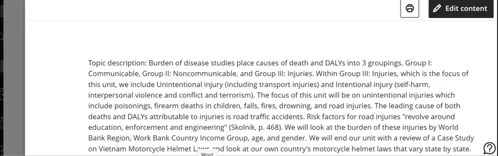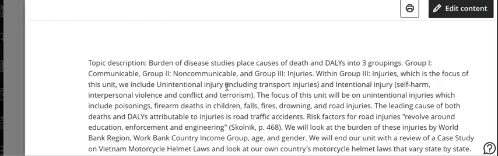So for the focus of this unit, because that's a lot of information to cover, isn't it? So for this unit, we're really looking at the unintentional injuries, which include poisonings, firearm deaths, especially in children, falls, fires, drowning, and road injuries.